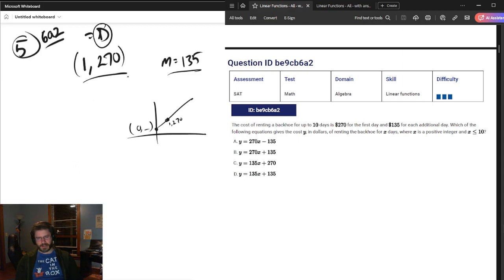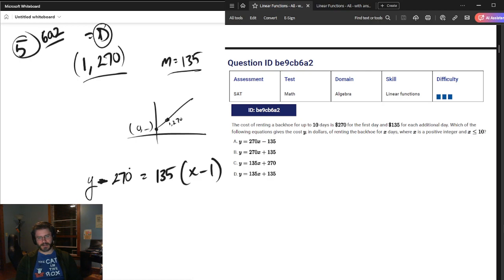So again, point slope seems to be the way to go. We seem to be using that fairly frequently in the first 5 here, 2 out of the 5. So point slope again is y minus the y coordinate, 270, equals the slope times x minus the x coordinate.